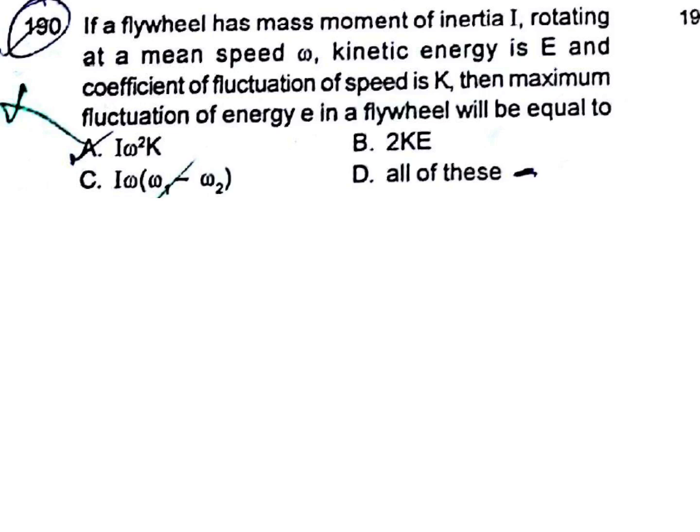Maximum fluctuation of energy E equals E maximum minus E minimum, so half I omega max square minus half I omega min square.